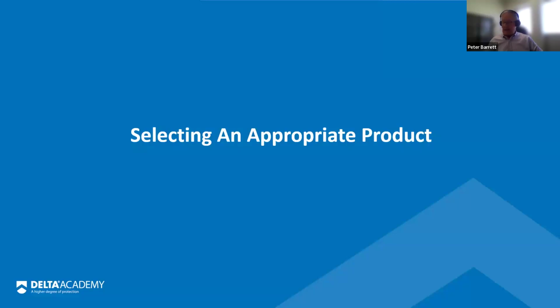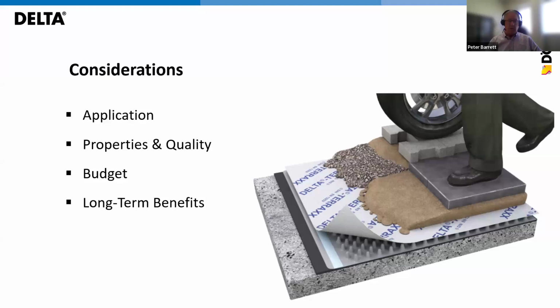So let's talk about selecting an appropriate product. When you compare the performance available from the product with the project requirements, largely in the form of loads applied to the system, keep in mind that these might be structural loads, but can also be environmental loads, such as anticipated water flow rates. Some of the things to consider when you're selecting material.